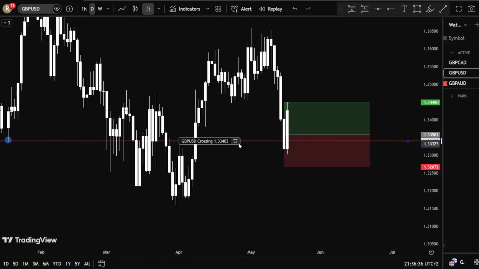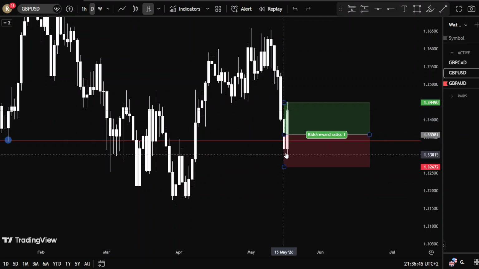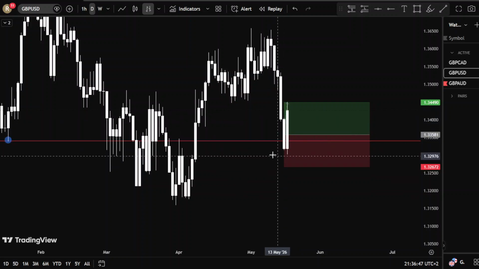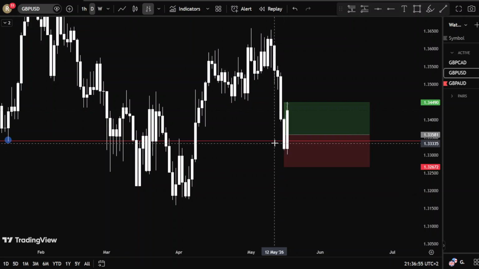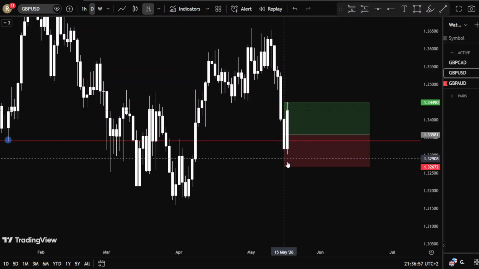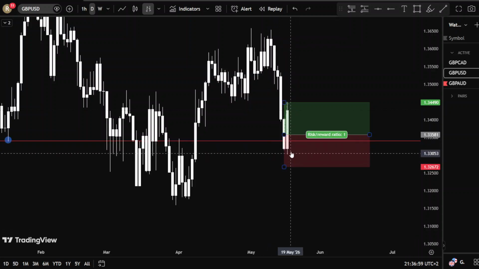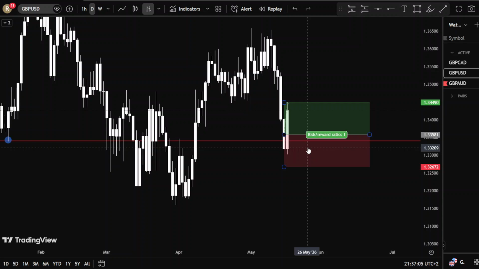So on Friday, my alert got hit, and I started to wait for a rejection. The rejection didn't happen, or the bounce didn't start to happen so visibly on Friday. So I thought it was better to wait a little bit. I wanted it to go up at least a little bit, not so much because then it's basically too late.